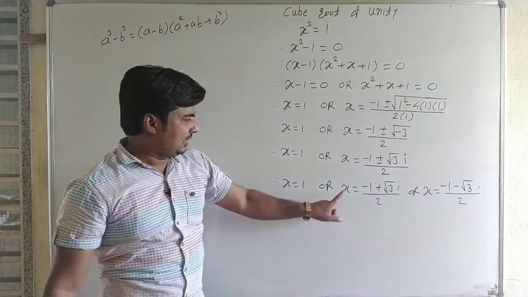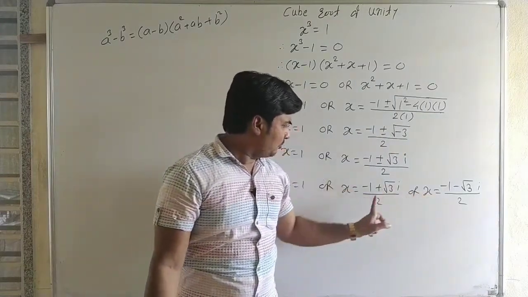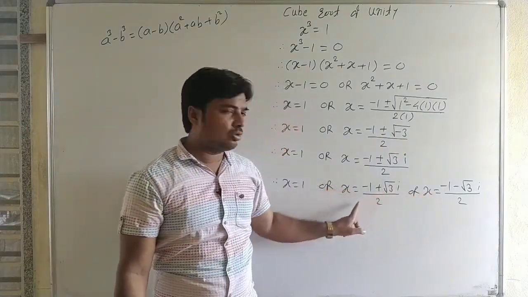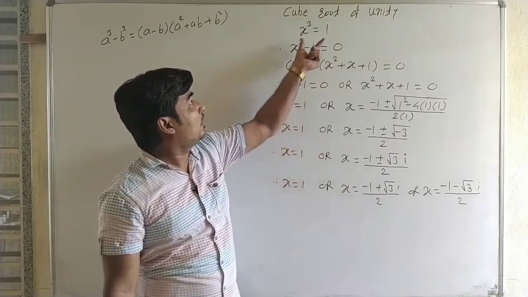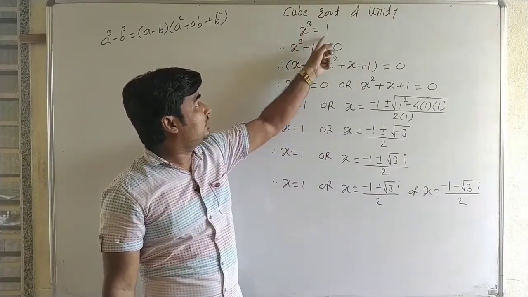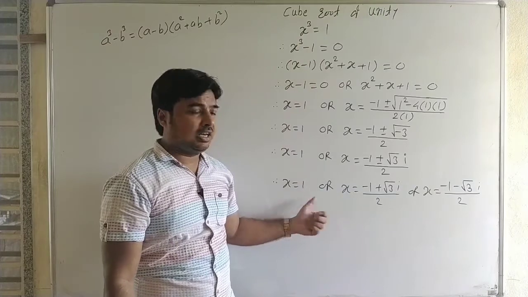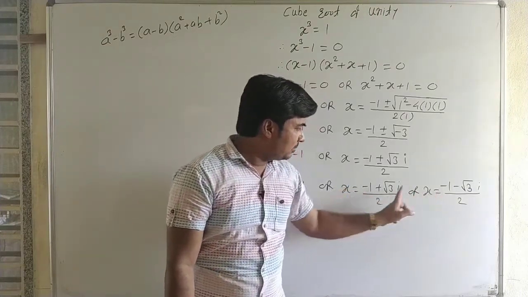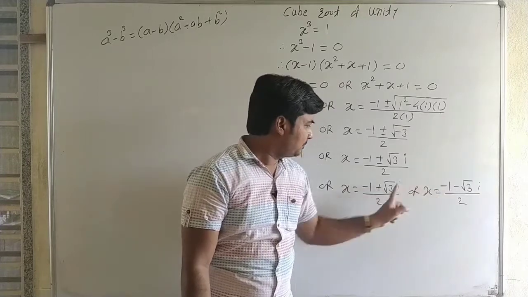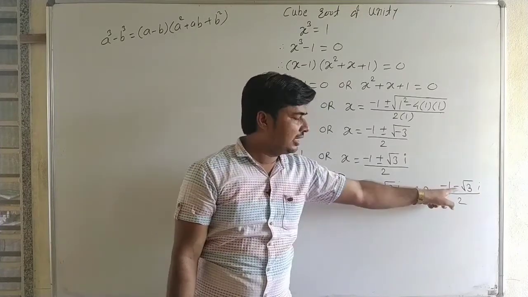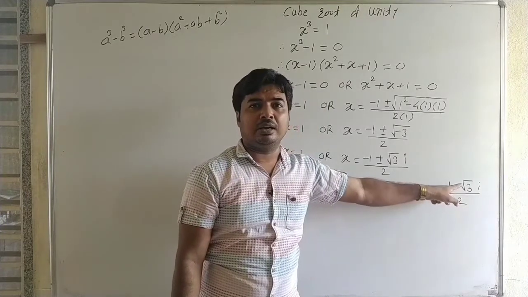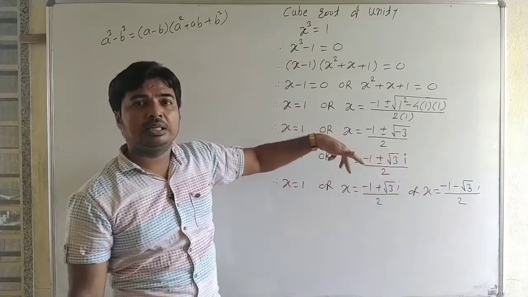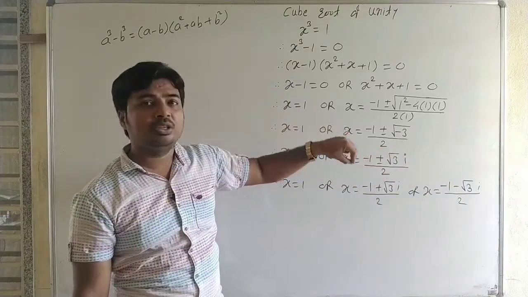Observe this, these are complex numbers. Therefore for the cube root of unity, one root is real and the other two roots are complex numbers, and these complex numbers are conjugates of each other. Here the sign of the imaginary part is plus and here it is minus, so they differ by the sign of the imaginary part.